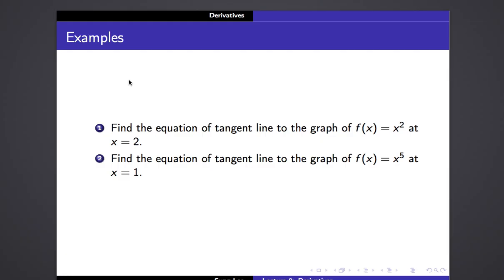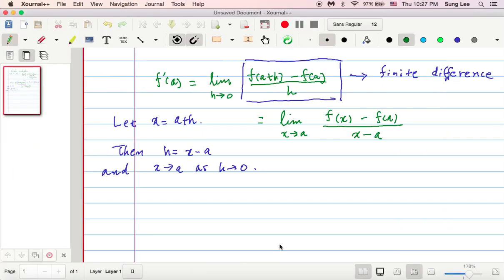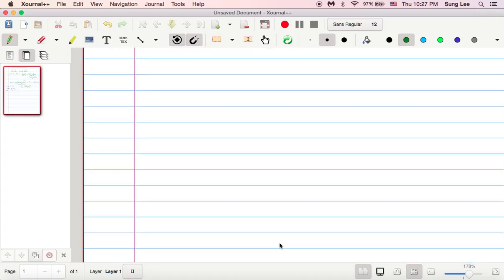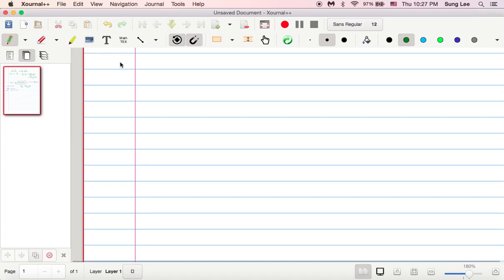Okay, so here what we need is to find the slope. The slope of the tangent line can be found by finding the derivative, right? To work it out, we are going to go back to my notepad. So here, example 1.